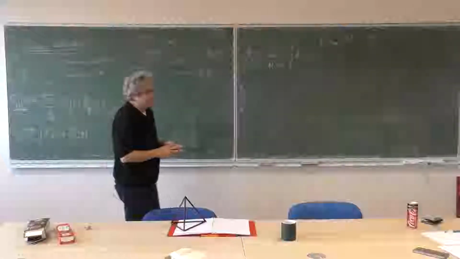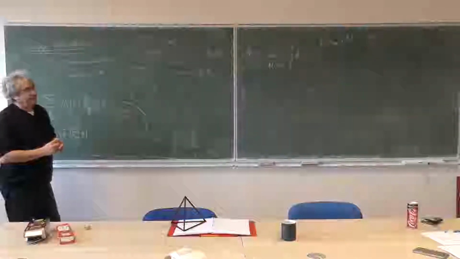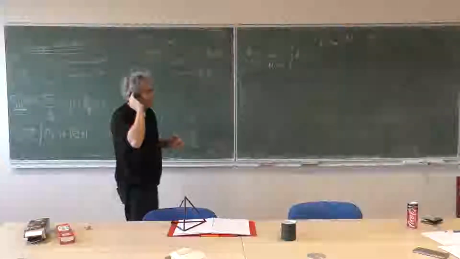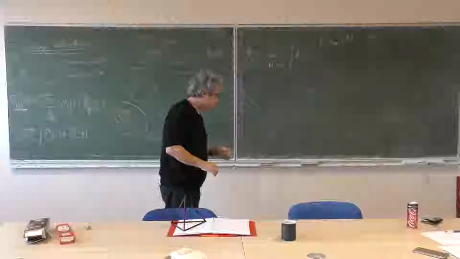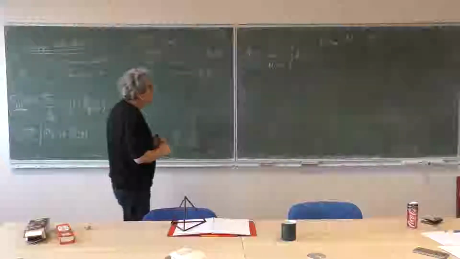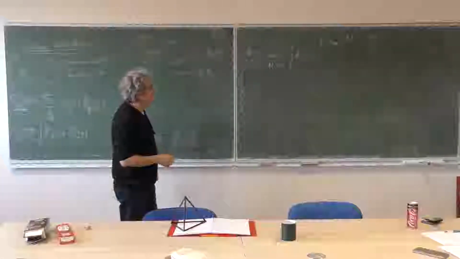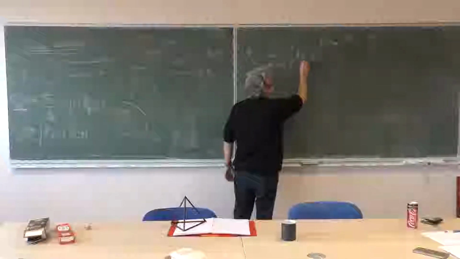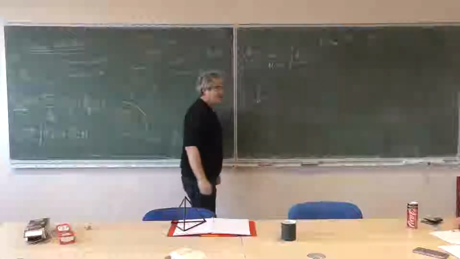Yes? Question. Could you comment on why these approaches failed? What are the problems with these approaches? So just quantizing the length rather than... One of the difficulties, if you try to start to do things more precisely, is that these L variables are not independent because they are subject to triangular inequalities.